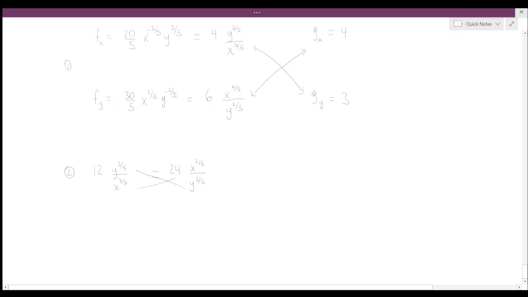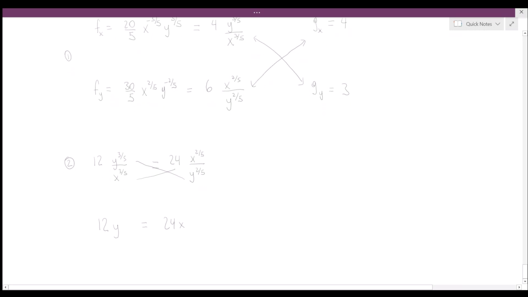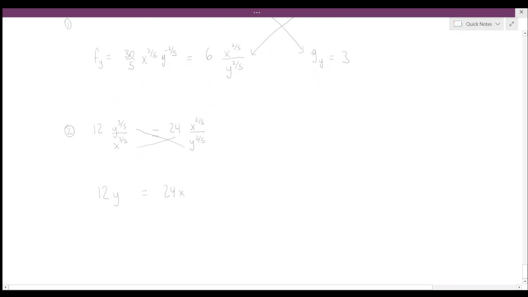So when we do y to the 3/5 times y to the 2/5, that's just going to be 12y. And then likewise over here, if I multiply x to the 3/5 with x to the 2/5, that's just going to be x. And here we may as well divide by 12, so we get y equals 2x, okay?